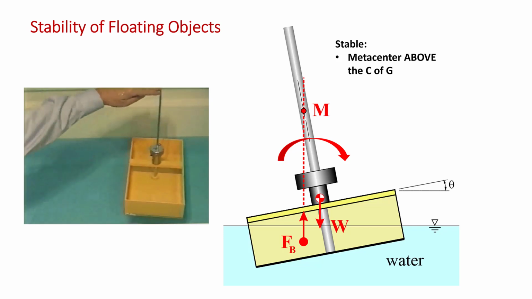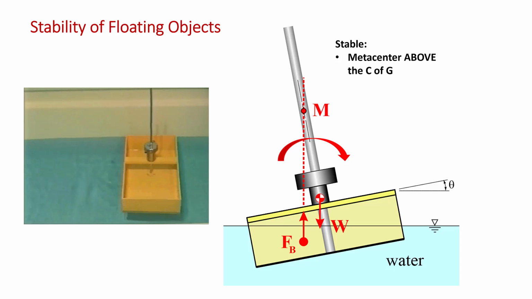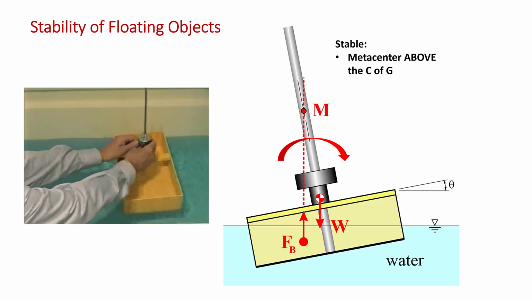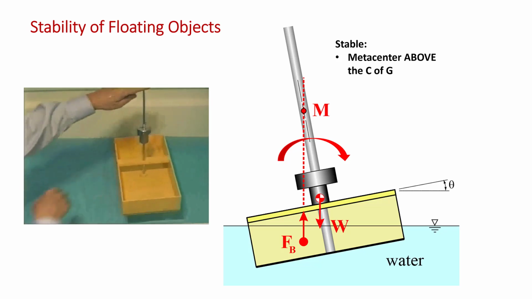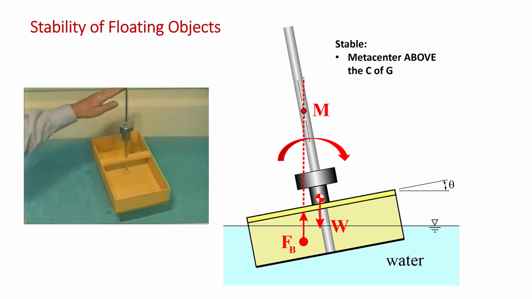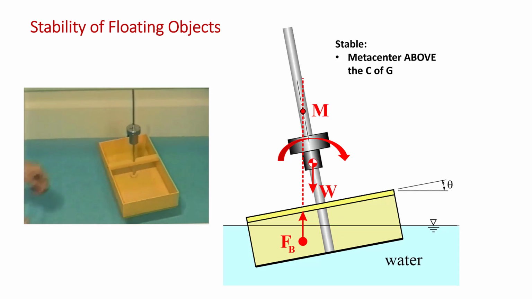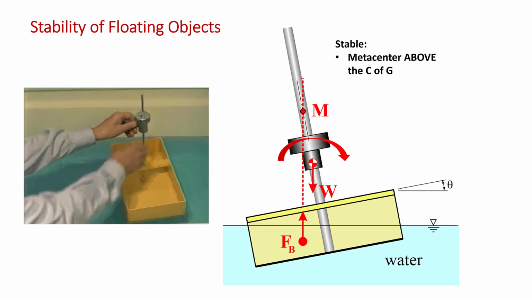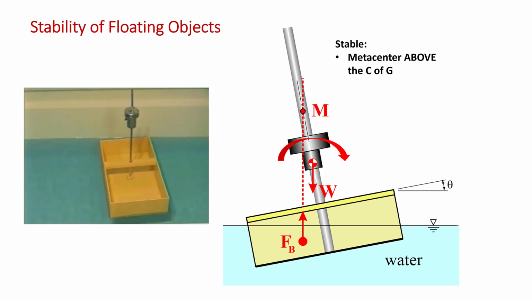So here I think you can see that this is the situation where the weight is below the metacenter and the boat is stable. And even if you raise the weight, it's still below the metacenter in this situation, and the boat is stable.